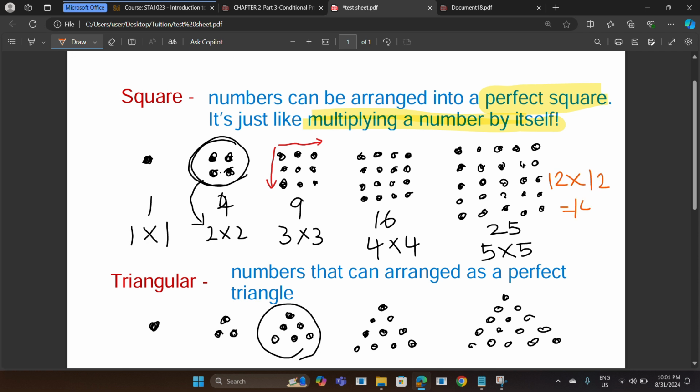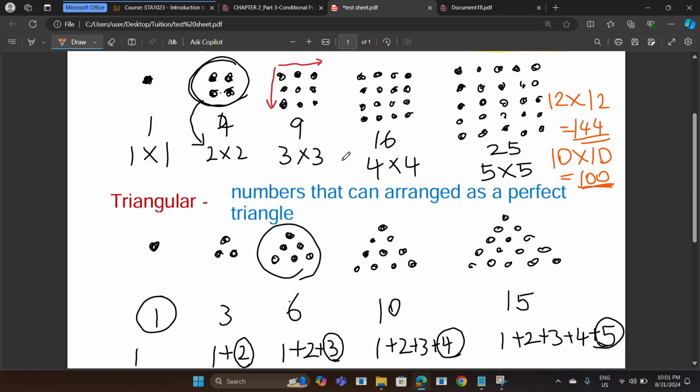So the answer is 144. What is the 10th square number? Here, we have to multiply 10 by itself. 10 by 10. So the answer is 100.